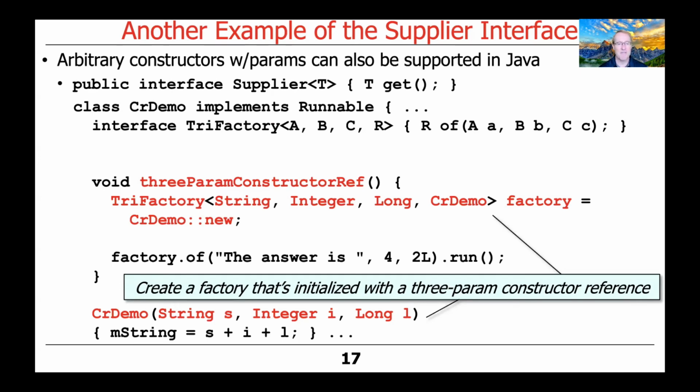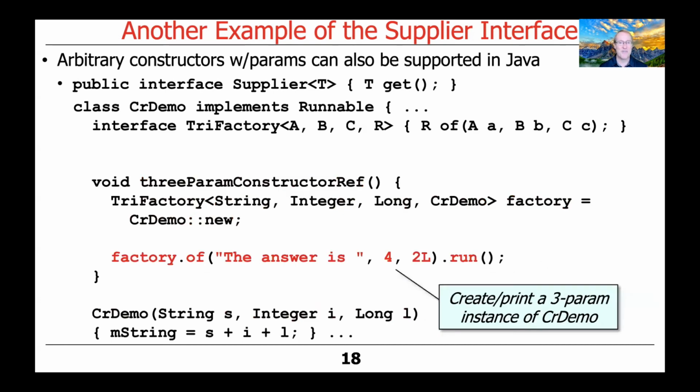And then factory gets initialized from CRDemo::new. The version of the CRDemo constructor that the new operator corresponds to will be the one that's shown at the bottom of the slide, which is the three-parameter version of CRDemo. So it takes a string, an integer, and a long in that order. And you can see it sets mString to be the concatenation of those three data types.